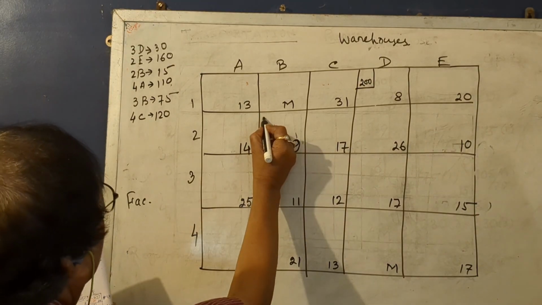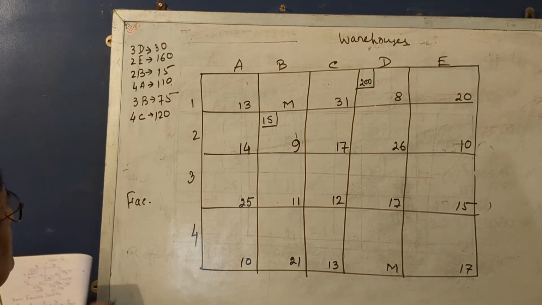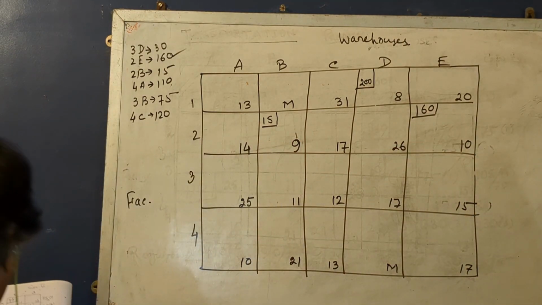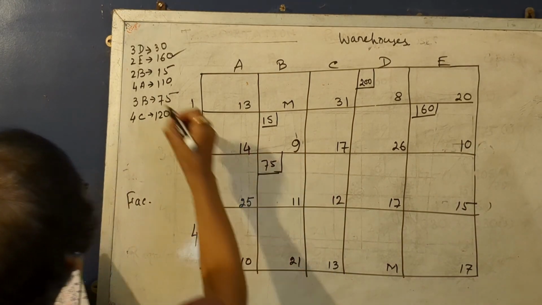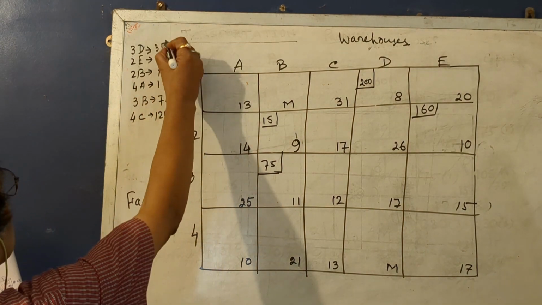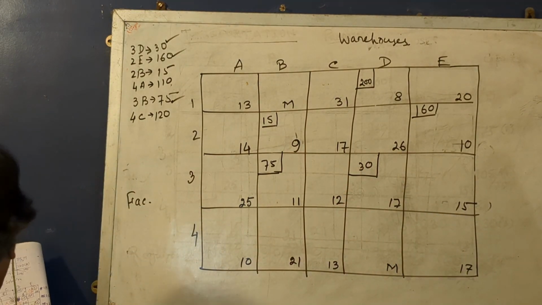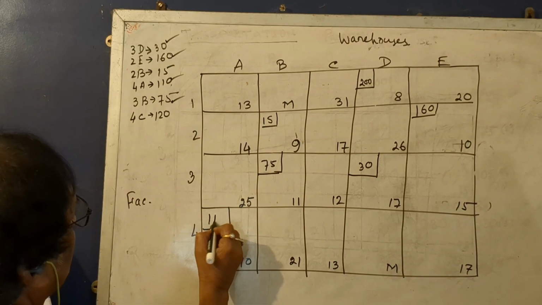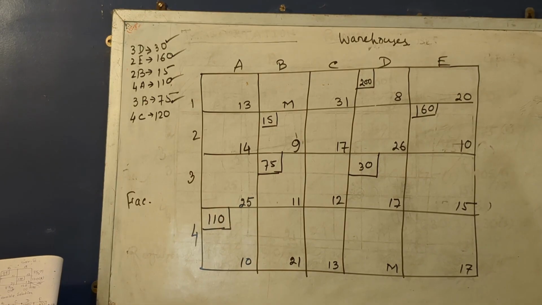And next 9, this is 50, and next this is 2E. 2E is 160, and then 3B is 75, and then 3D is 30. 4A is 110, and next 4C is 120.